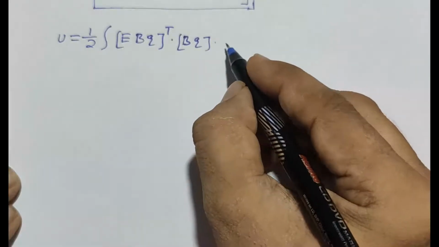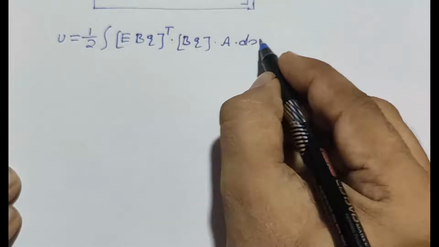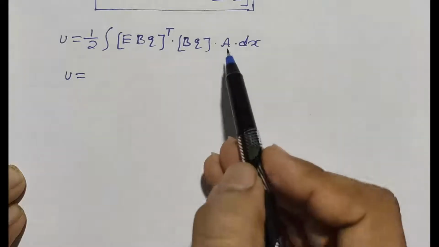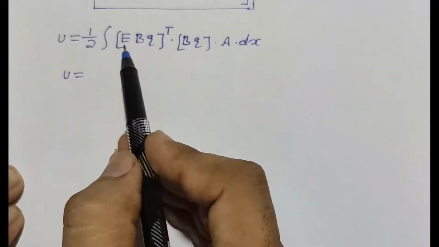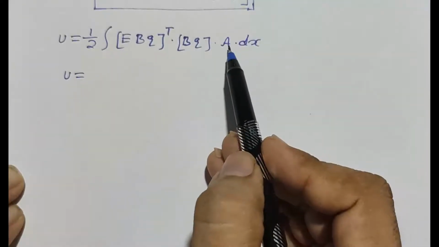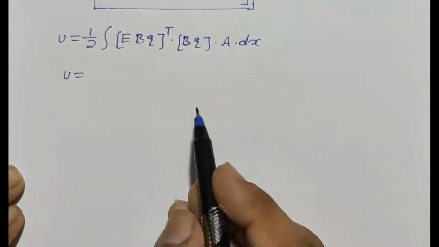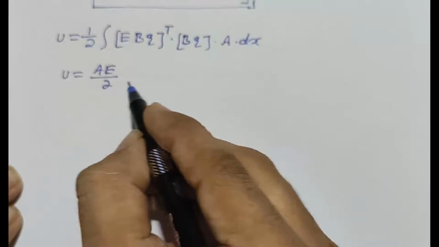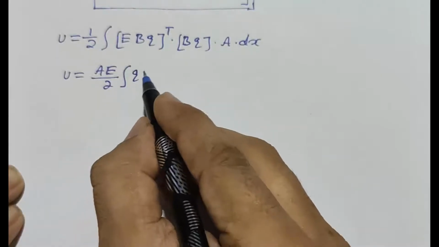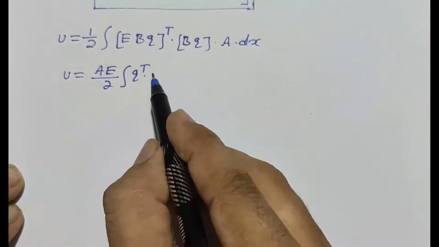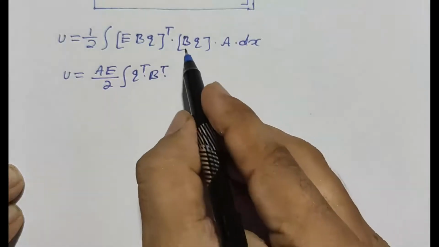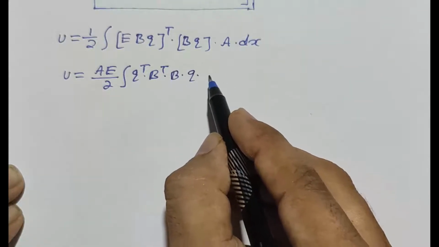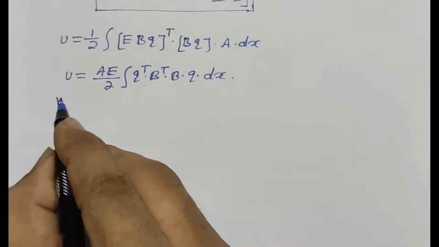We can write dV as A into dx. See this area and the Young's modulus, these two are the constants, we can take it outside. So U is equal to AE by 2 integration Q transpose into B transpose into B into Q into dx.